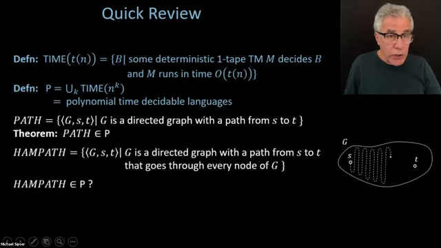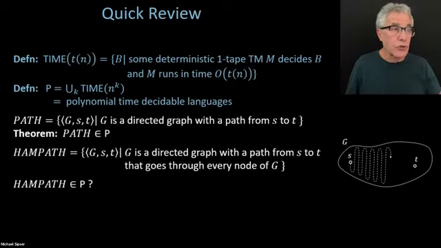Of course, we could solve Hamiltonian path with an exponential algorithm by trying all possible paths. And that will give a correct algorithm, but there are exponentially many different paths, and trying them all will not give a polynomial time algorithm. So the interesting problem is, can we solve that without doing that brute force searching through all possible paths?